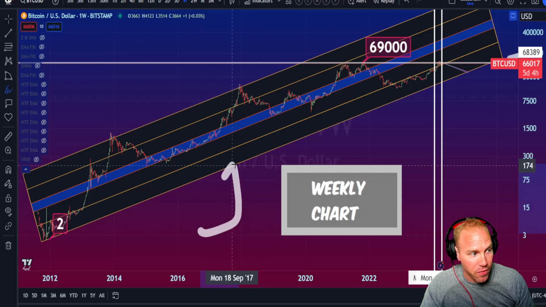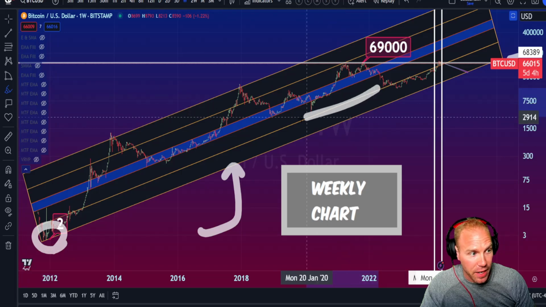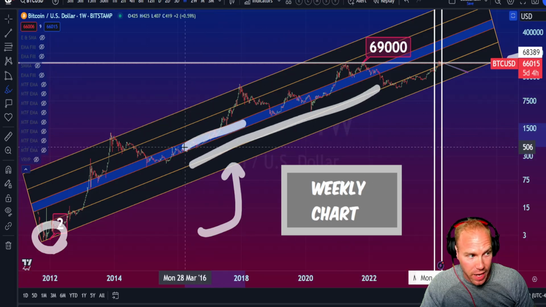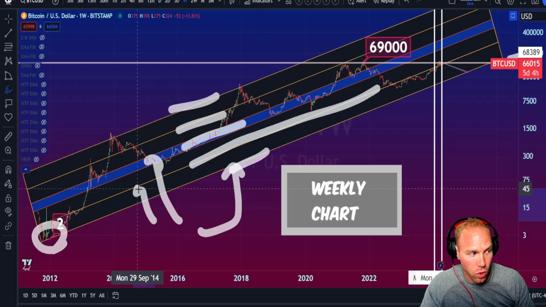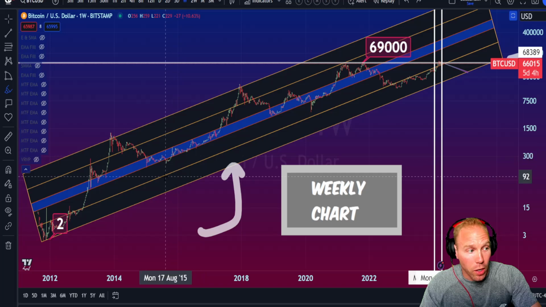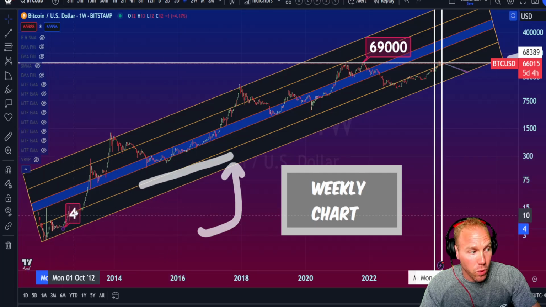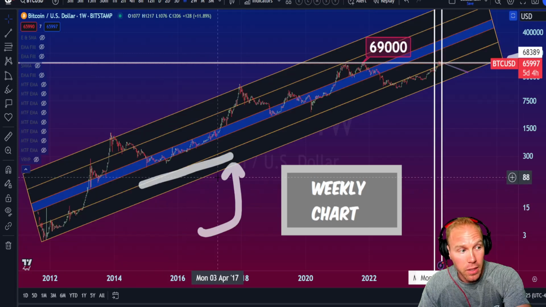So the bottom of this channel was formed when Bitcoin was around $2. And the current line that it's battling, the 1/4, so this is the half, 3/4, top, bottom, half, quarter, 3/4. The 1/4 line was developed when Bitcoin was ranging around $7 to $13 before its first ever bull run.